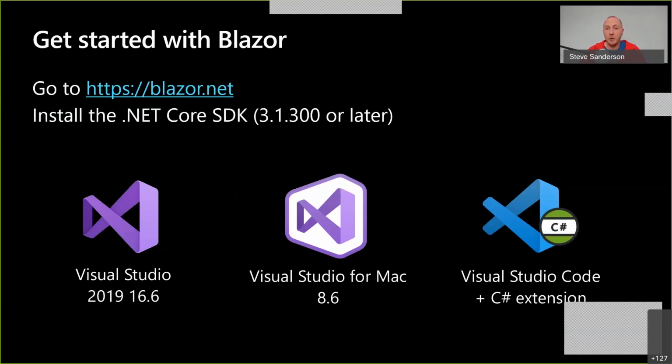So if you want to use Visual Studio on Windows or for Mac, or whether you prefer to use Visual Studio Code, all of those are going to work really well for you, and you can find information about that on blazor.net. But in this talk, I don't want to focus too much on getting started, because I'm aware that many people will already know about that.